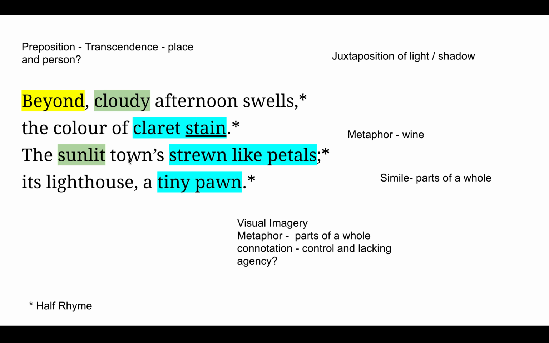But then here he's using nature to describe a man-made item, the town. So there's a reciprocal relationship, for better or worse, that is set up. Here, the man-made is used to describe nature, and here nature is used to describe the man-made.